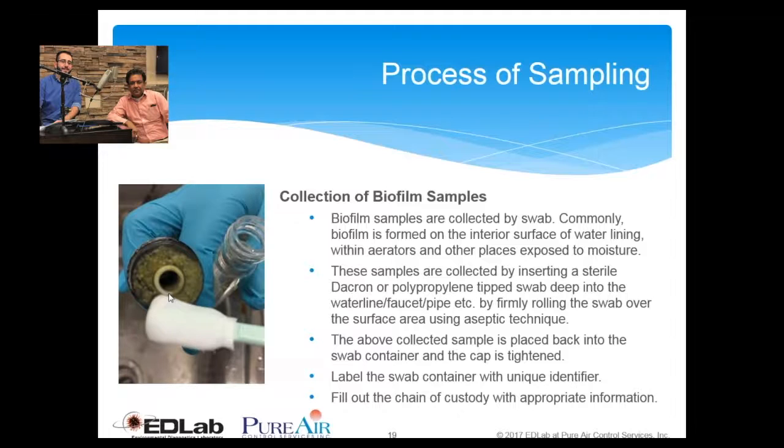So you can very carefully collect the sample by wiping in a circular motion, doing vertical and horizontal strokes, and collect the swab sample to lift some of the biofilm. Place it in its original container, and make sure it's not leaking or cracked. Identify it uniquely and fill the chain of custody before you send it to the laboratory.